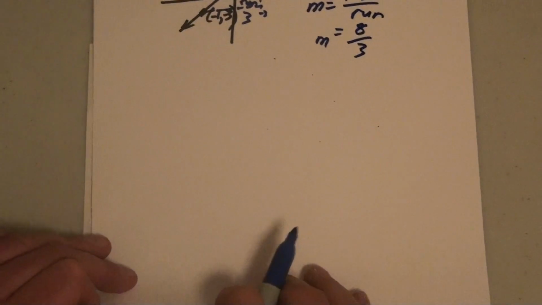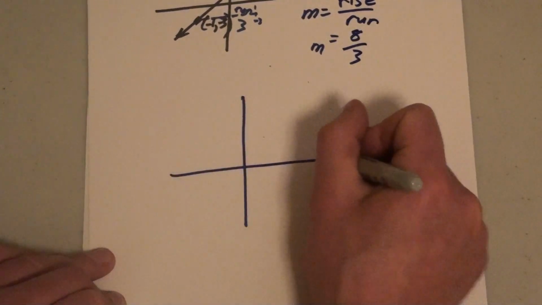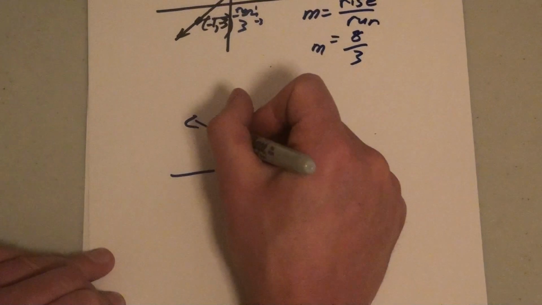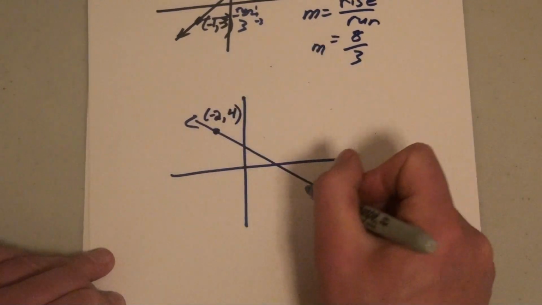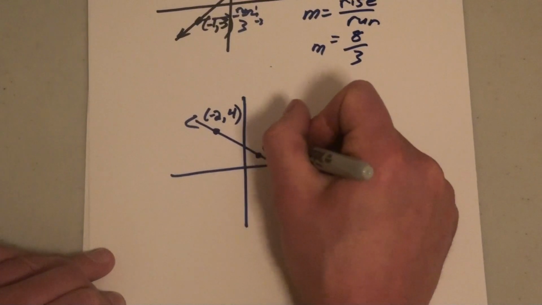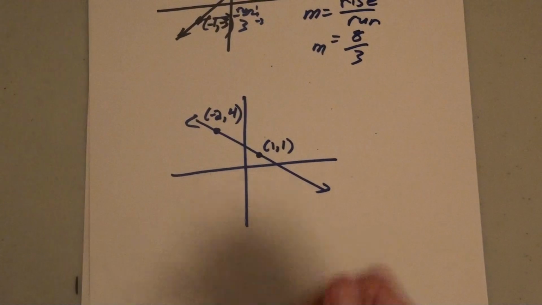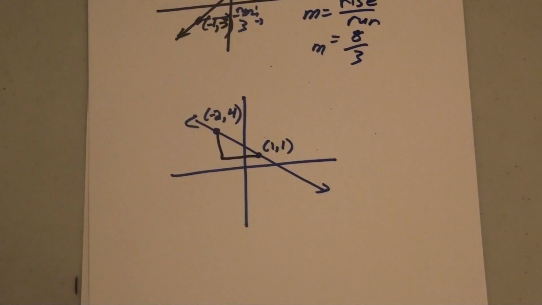Okay, let's do another example. If I have a line go through points here, I have one point over here, which let's say is -2 and +4, and I have another point here, let's say is 1, 1. I can make my little right angle triangle out of it and figure out your rise and run.